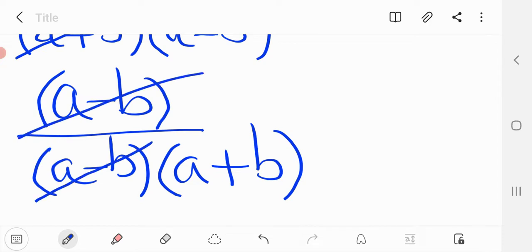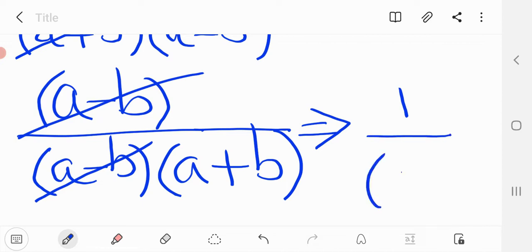So whenever they are cancelled, the remaining term is that in the numerator we are having only one, whereas in denominator we are having a plus b. So this was the simplification of algebraic expression whenever we have positive, negative, division and multiplication sign.